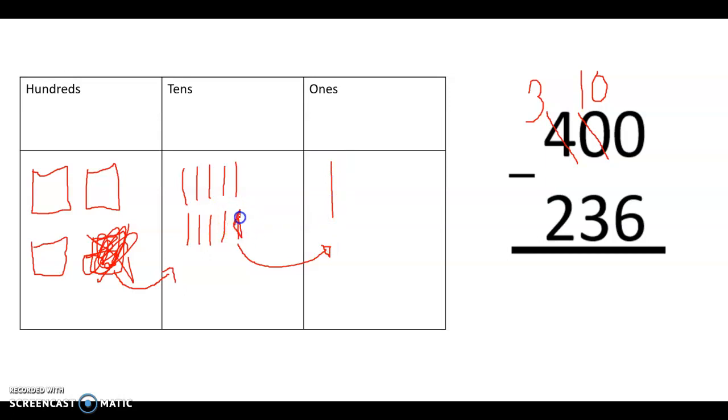So this one is goodbye. All gone because it's now over here. So I just took a 10 from there. Well, if I've taken 1 from 10, we look, there's 1, 2, 3, 4, 5, 6, 7, 8, 9 tens left.